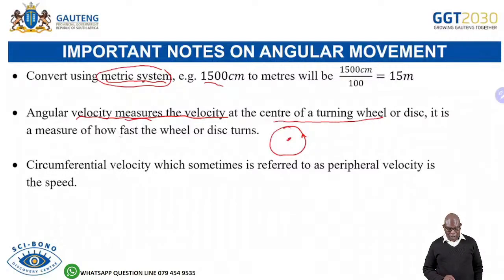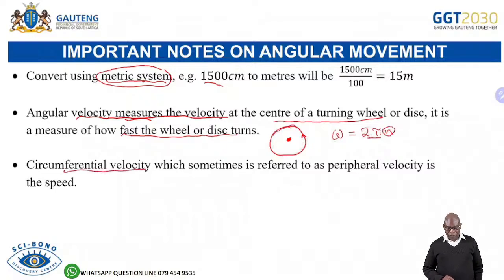It is the measure of how fast the wheel or the disc is turning. That is the angular velocity, which is denoted by omega, because then what we need is just the 180 degrees movement and the number of revolutions, n. Then we calculate the angular velocity.